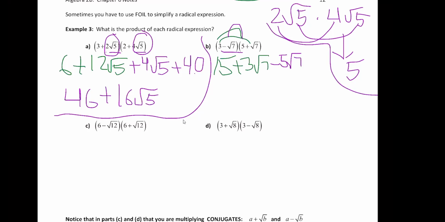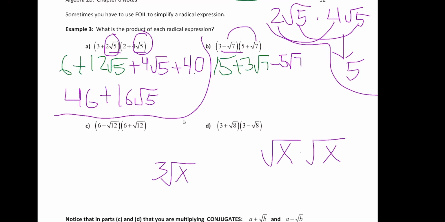So for this last part, radical 7 times radical 7 is just 7. Anytime you take a square root times itself, you get what's underneath. Remember, if it's a cube root, you actually need 3. Technically, you need an extra one for each degree. But all these are square roots.